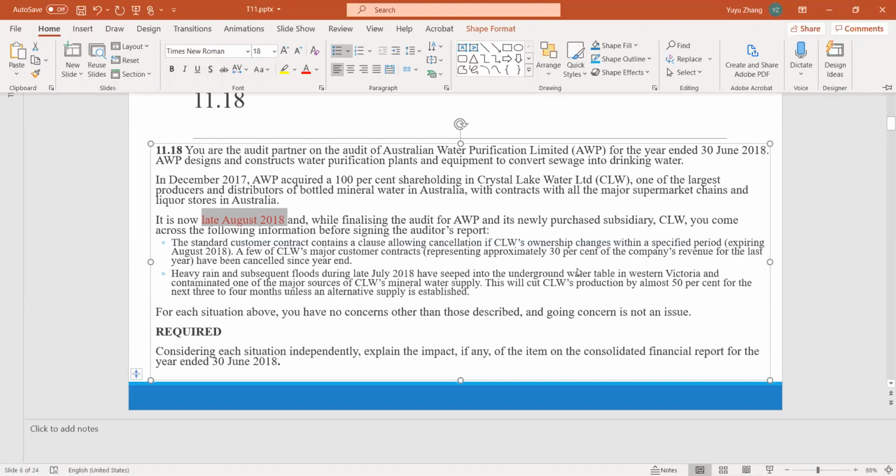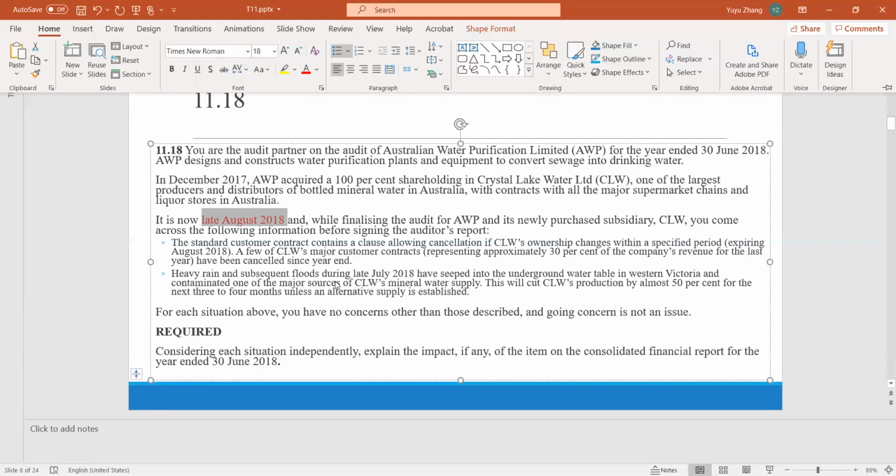While finalizing the audit, you come across the following information. First, the standard customer contract contains a clause allowing cancellation if the company's ownership changes within a specified period. A few of the major customers' contracts have been canceled since year end. Second, heavy rain and subsequent flood during late July has seeped into the underground water table in West Victoria and contaminated one of the major sources of the mineral water supply. This will cut the company's production by 50% in the next 3 or 4 months.